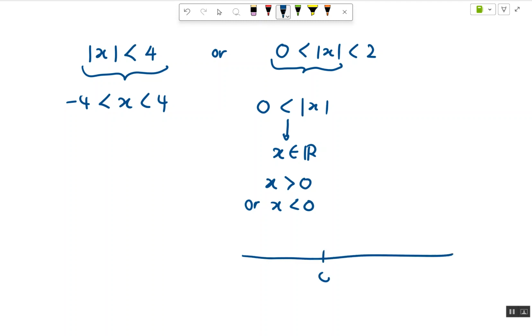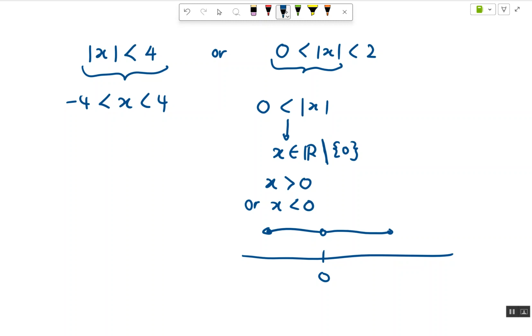On the number line, we are talking about this part to the left, less than 0, and this part to the right. So it encompasses any values over here, except for the value 0. So 0 cannot be counted, and this is how we put in except. So when modulus x is greater than 0, we are just talking about any real number, but be careful because the inequality sign says I cannot include 0.